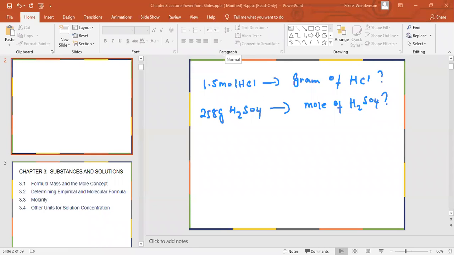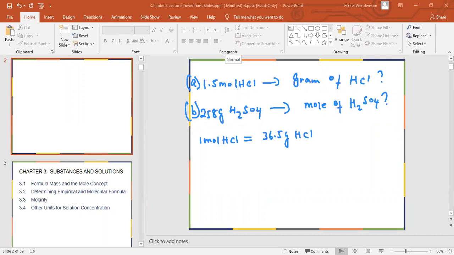If you have questions like this, first you need to calculate what 1 mole of HCl equals. 1 mole of HCl equals about 36.5 grams of HCl.